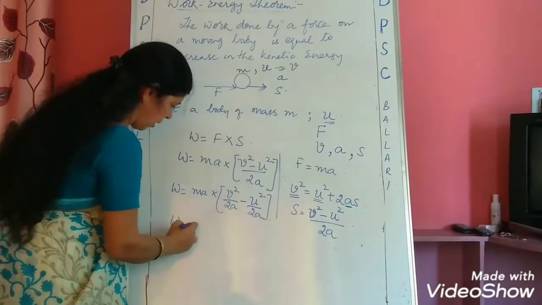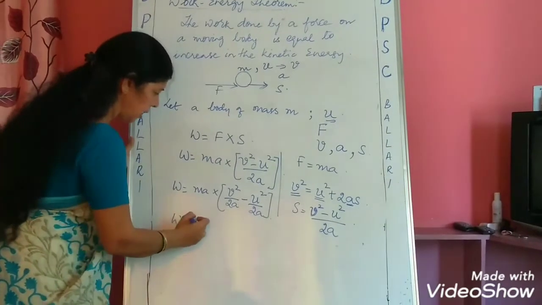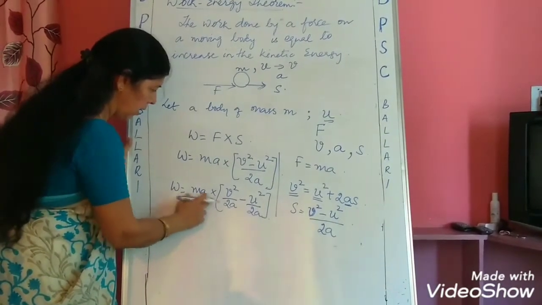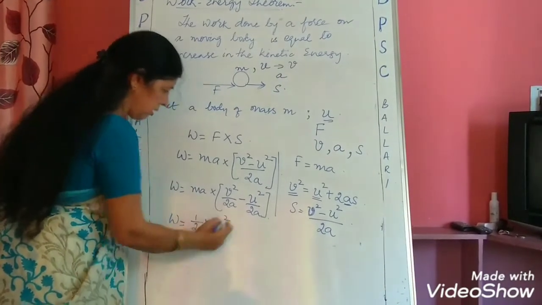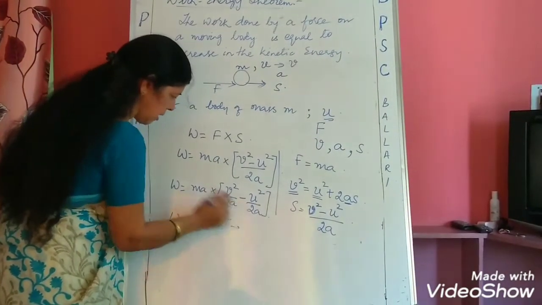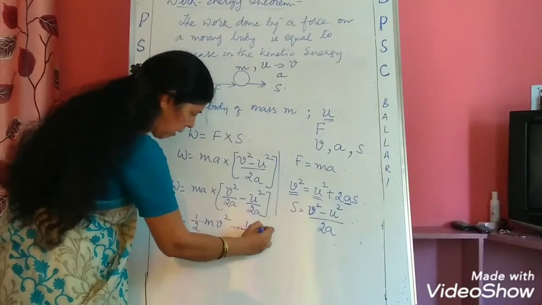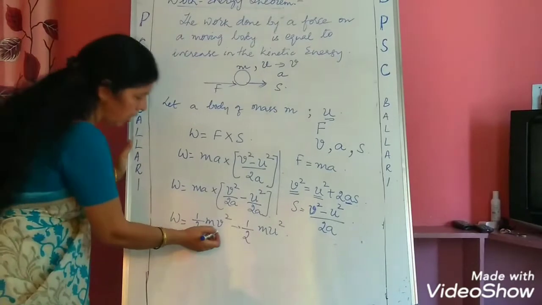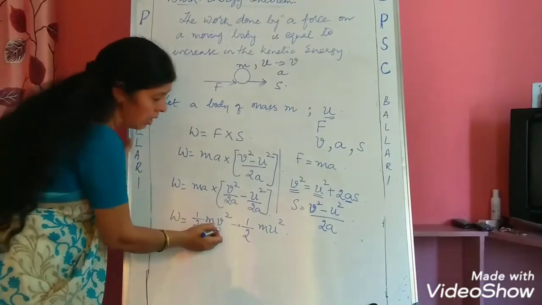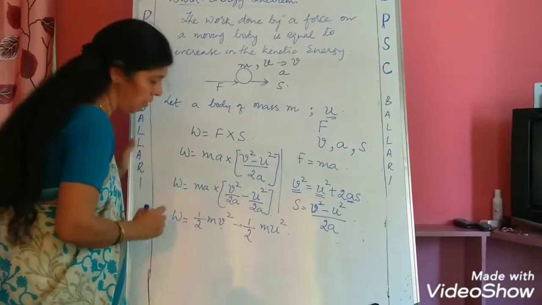Now on simplification, how much will you get? The a gets cancelled, half m v square. Again here a gets cancelled, half m u square. Now here v is the final velocity, u is the initial velocity.